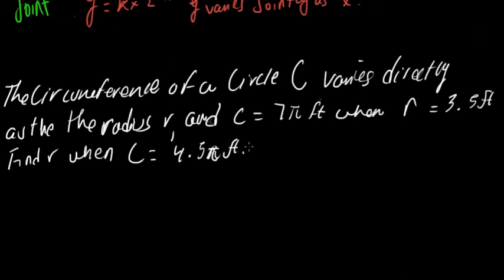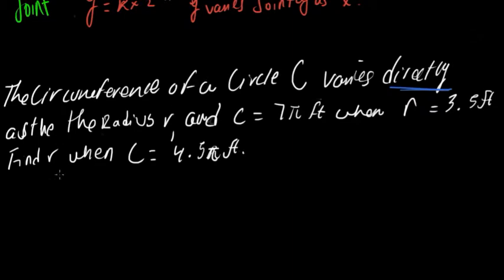Okay, so let's look here for a second. Let's reread the problem so we can get a clear understanding. The circumference of the circle C varies directly as the radius R, and C is equal to 7 pi feet when R is equal to 3.5 feet.